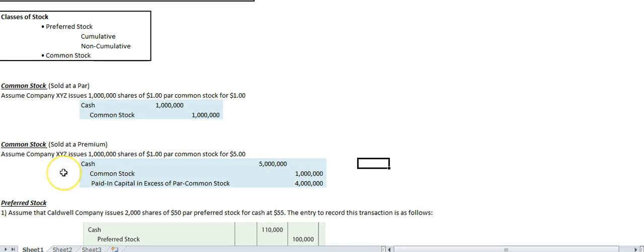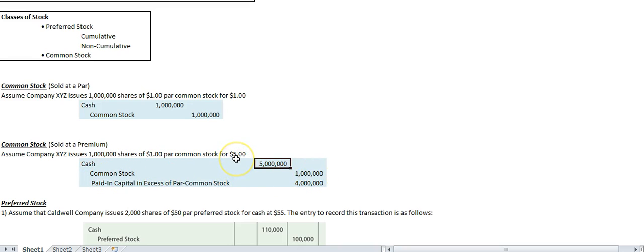So what do you do, and how do you account for a stock when it's sold at a premium from its par? In this case, company XYZ issues 1 million shares, $1 par, for $5. So for 1 million shares at $5, they obtain $5 million in cash, right? The portion that pertains to par will go in common stock. 1 million shares at $1 will go in common stock.